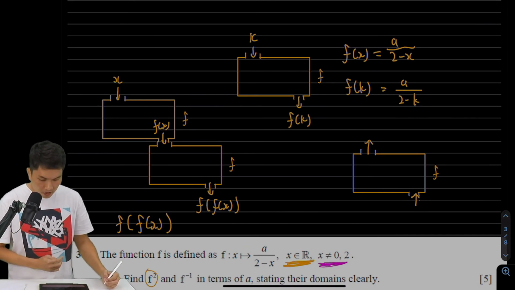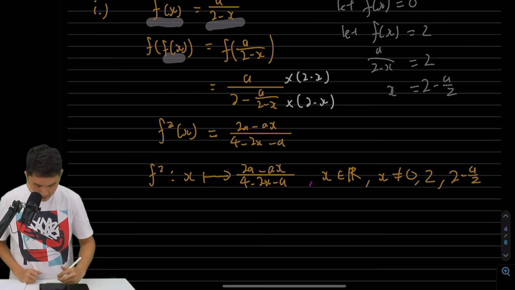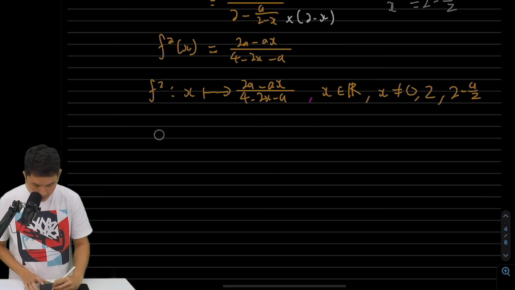So we have a special method for that, and that is we let f of x, equals a over 2 minus x, small x.